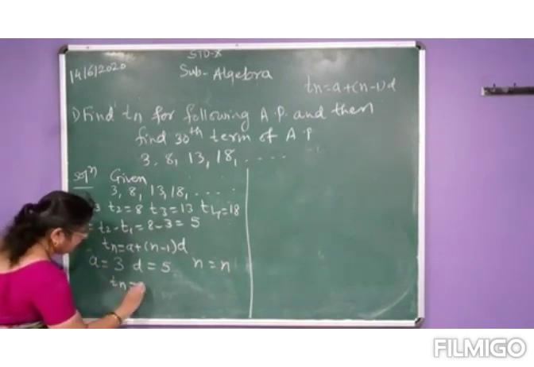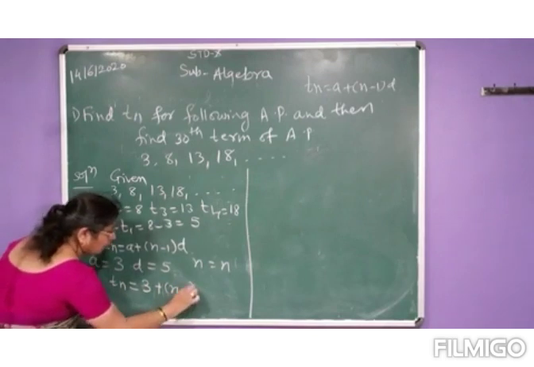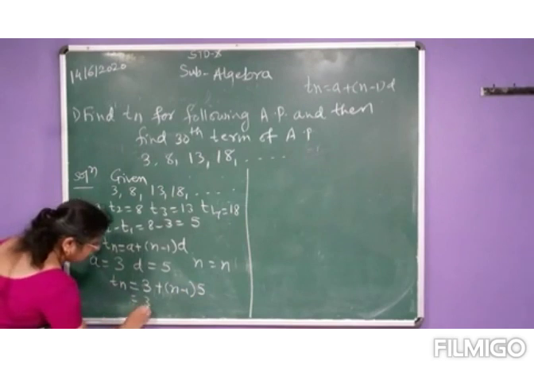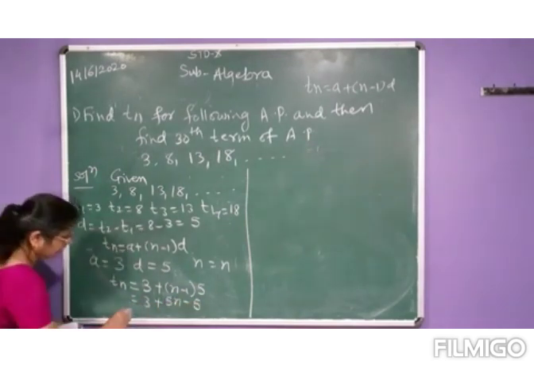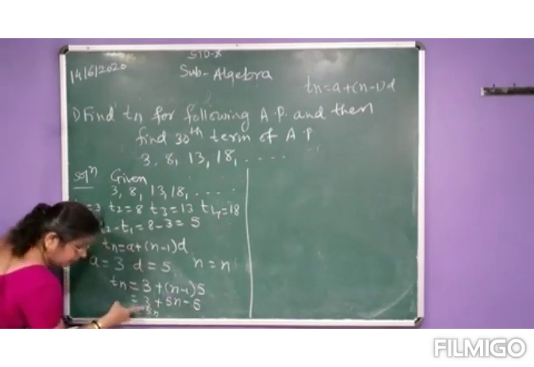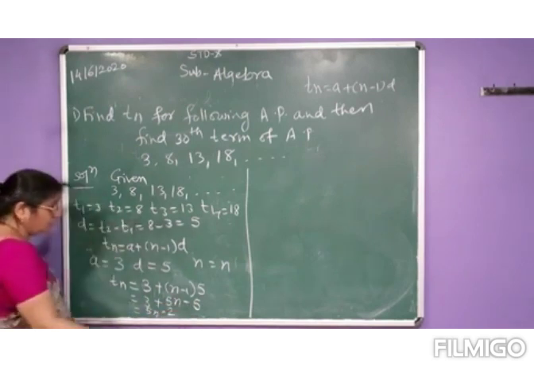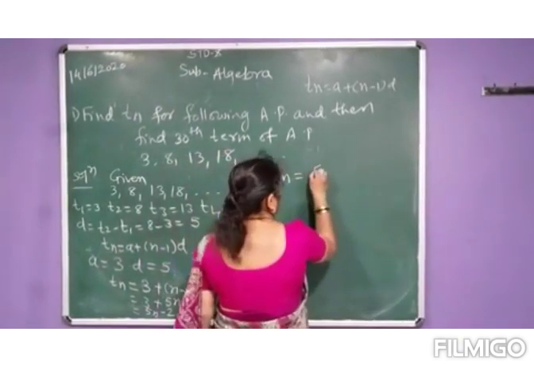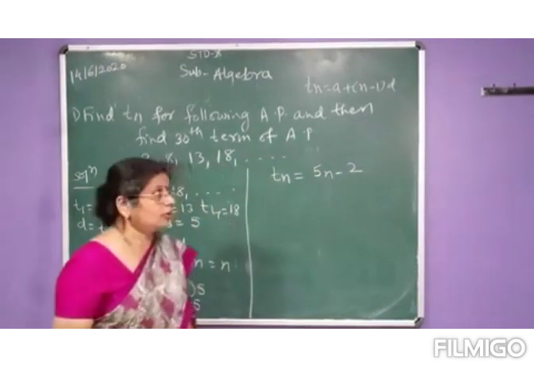Tn is equal to 3 plus n minus 1 into 5. So what will you get here? 3 plus 5n minus 5. That means 5n, and now 3 is plus 3 and this is minus 5. So 5n minus 2. So the answer you got is Tn is equal to 5n minus 2.